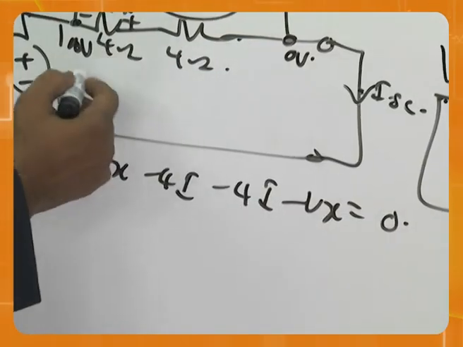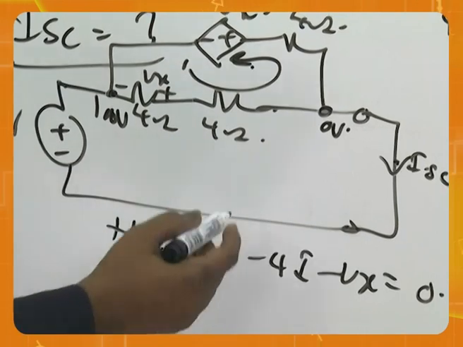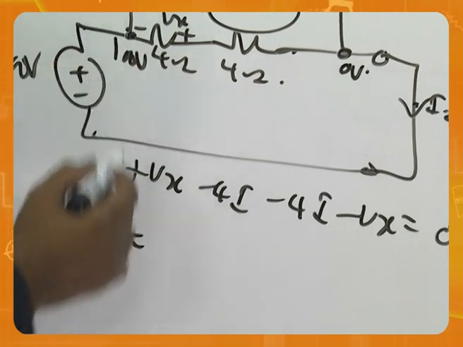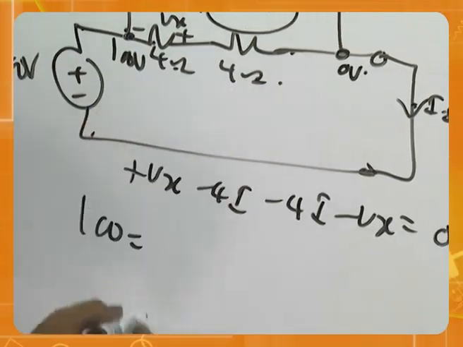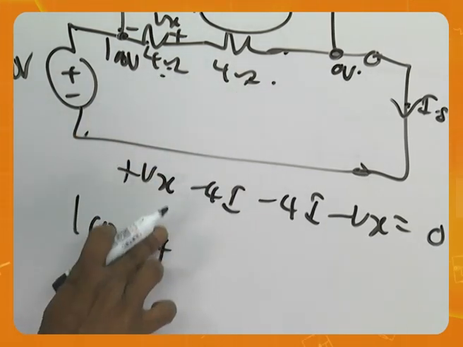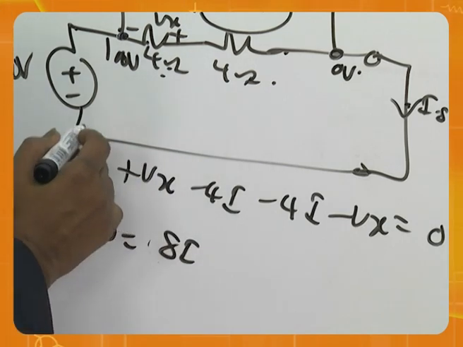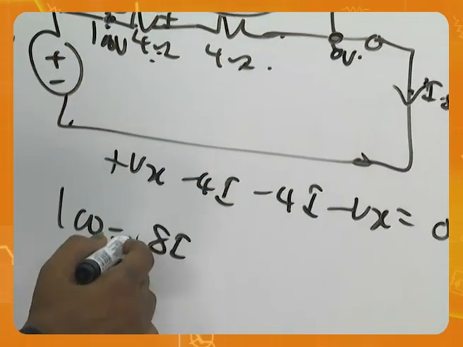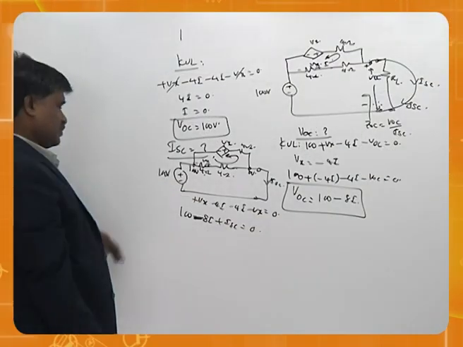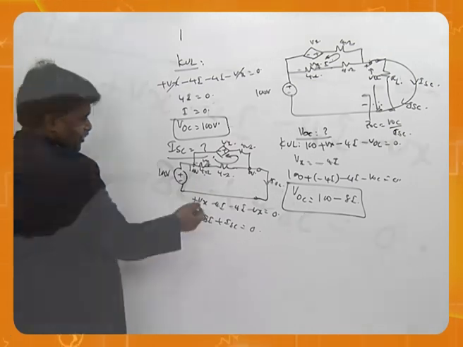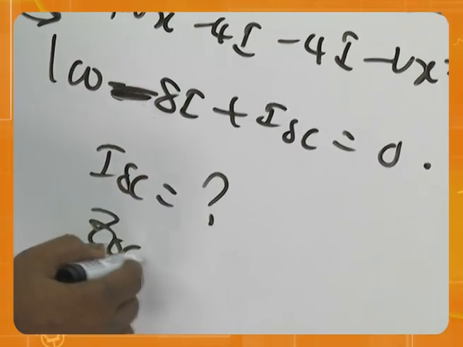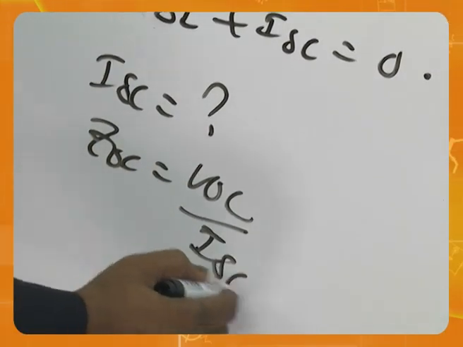Or you can say the voltage between these two terminals is 100. If you apply from here, 100 is equal to 4 plus 4, 8I, plus ISC equal to 0. So we have to solve for I here, then substitute and solve for ISC. Then ZOC is equal to VOC by ISC.